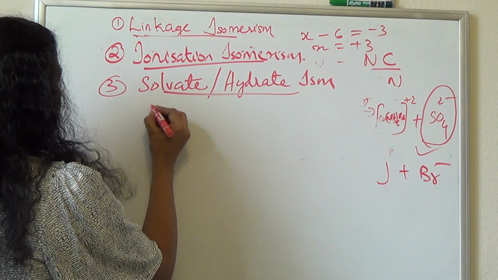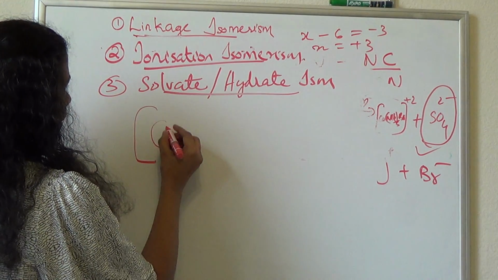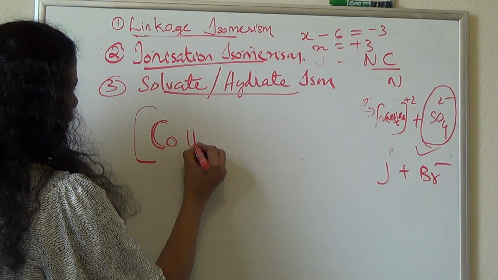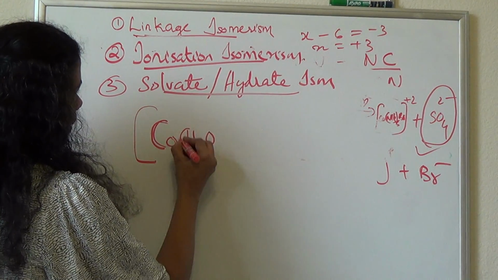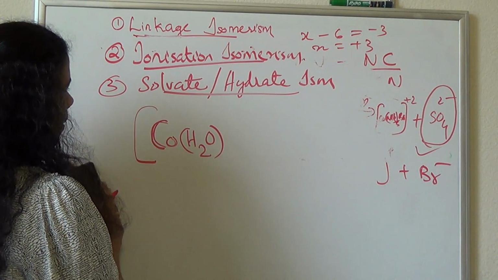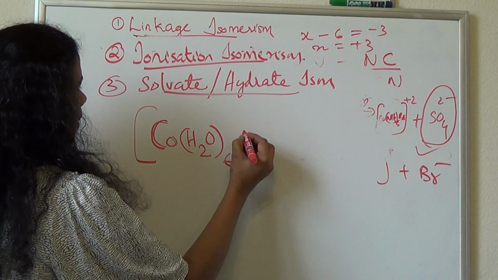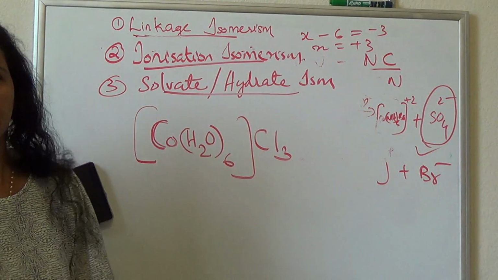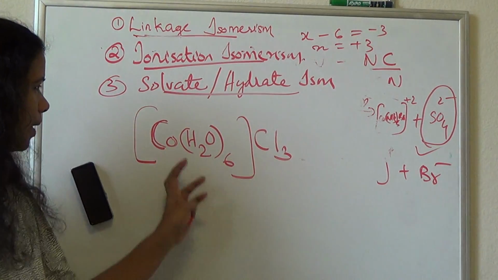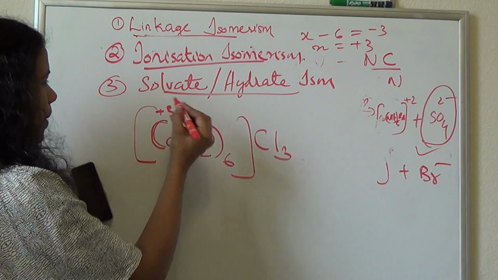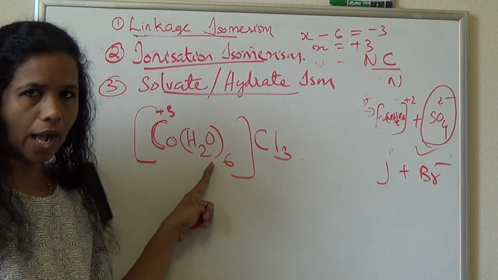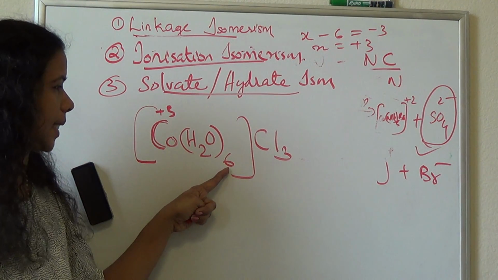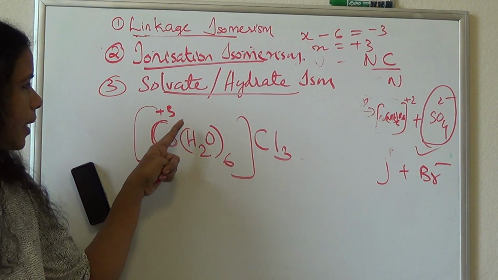Example: what is the name? Here also the oxidation state is +3. So water is called aqua, hexa, it is 6 times. It is called hexaaqua cobalt 3 chloride.